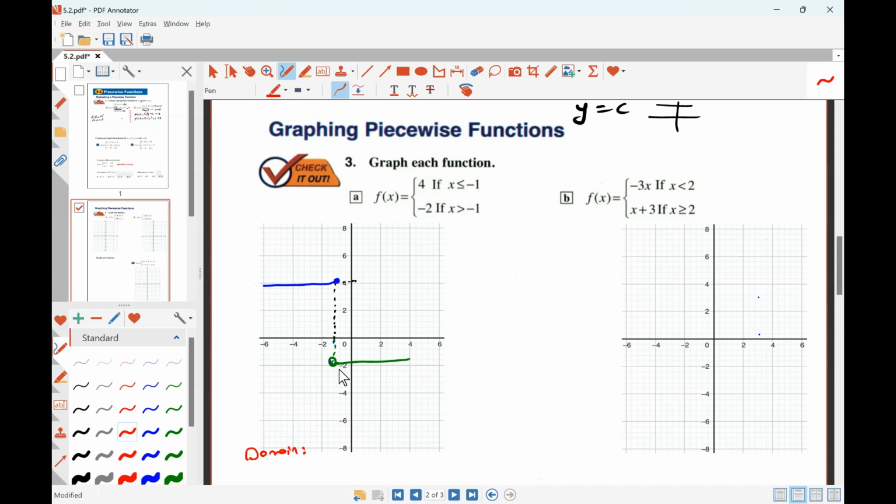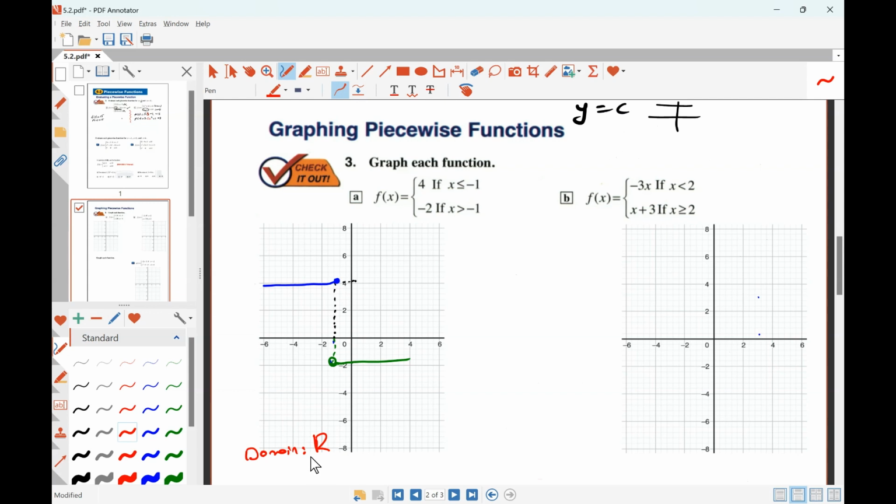And in this particular point, we have a filled point here. So every x value is possible. All real numbers, less than -1, greater than -1, and including -1 are included. So we will say all real numbers will be the domain.